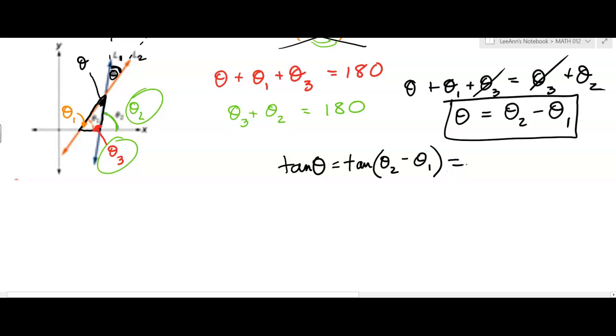Now I'm going to apply that difference formula for tangent. So it's going to be tangent theta sub 2 minus tangent theta sub 1 over 1 plus tangent theta sub 2 tangent theta sub 1. That's the formula we've been working on and applying.